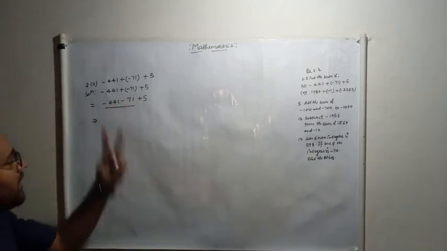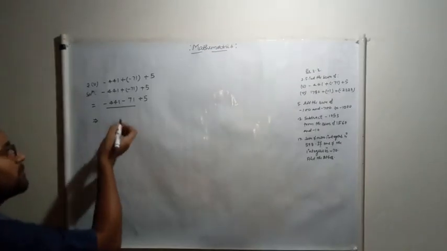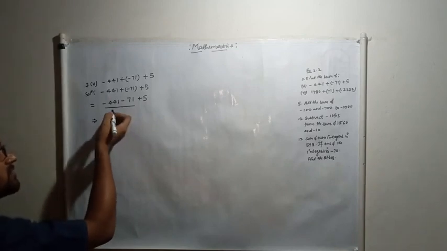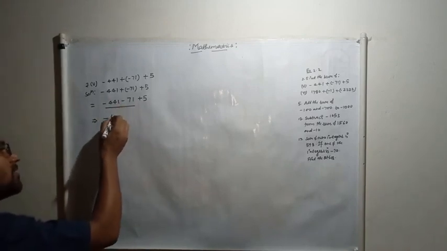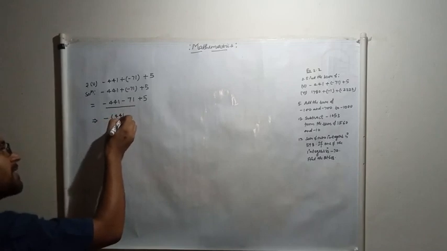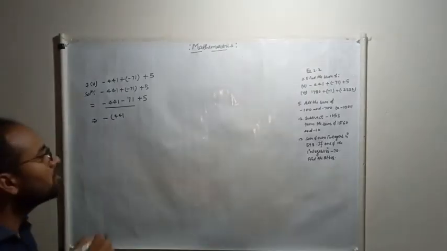First I am going to add these two. You know that they have the same signs, so we add them and put the sign of the greater value. Both are negative, so put the negative sign outside and add the absolute values. The absolute value of any negative integer is always positive, and the absolute value of any positive integer is also positive.